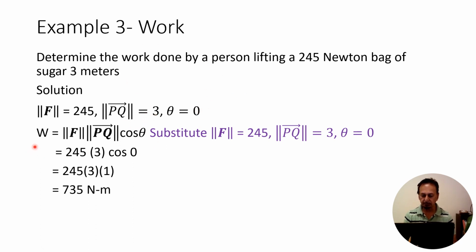So the formula is W equals the magnitude of force F times the distance, magnitude of vector PQ, times cosine theta. Now this becomes 245 times 3 times cosine 0. Cosine 0 is 1 from the unit circle. So you have 245 times 3 times 1, which gives you 735 newton meters.